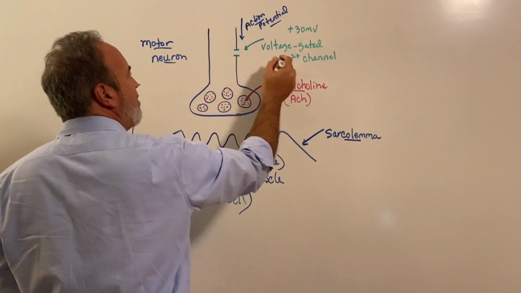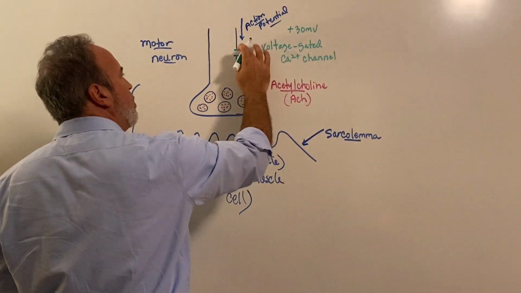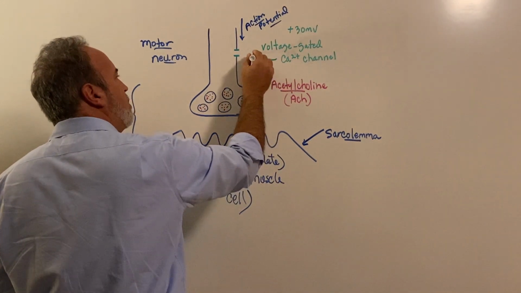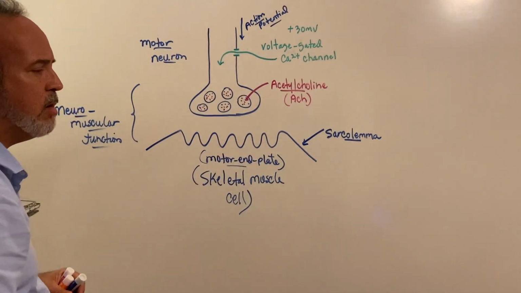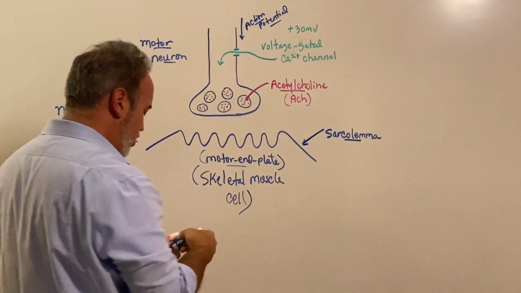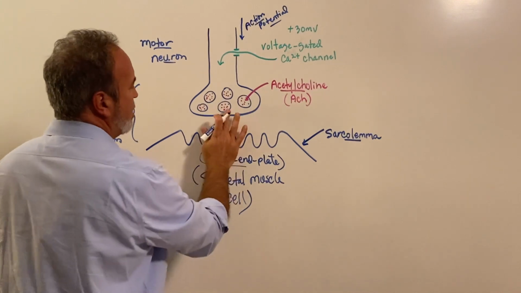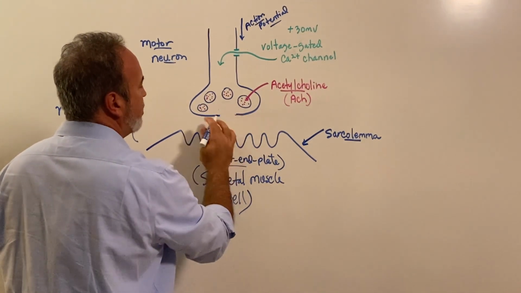So this calcium is going to come in here, and when calcium comes in, these vesicles are going to fuse. I'm just going to erase these here and then draw one of these vesicles here.